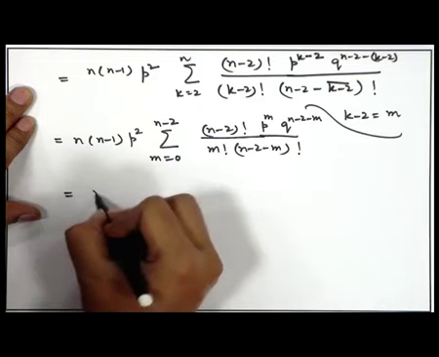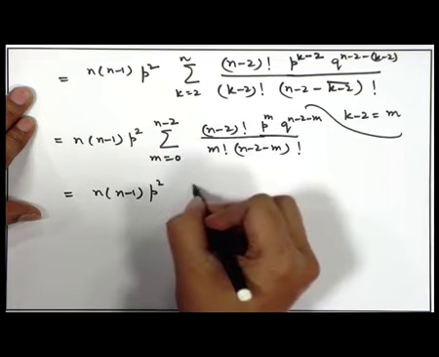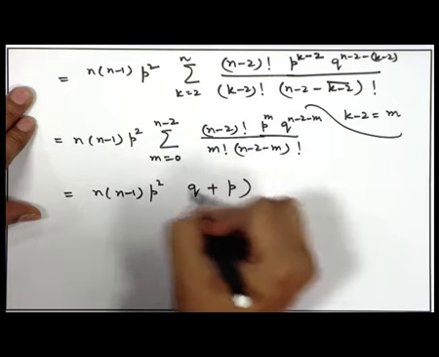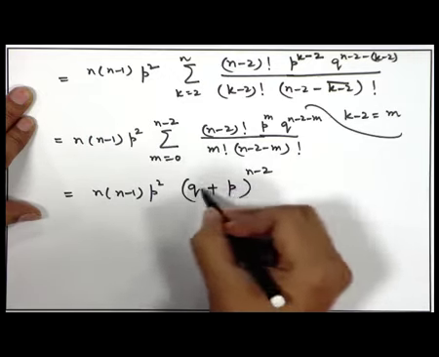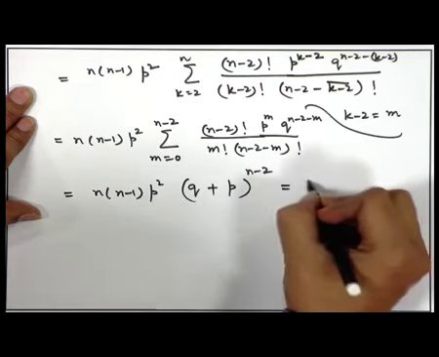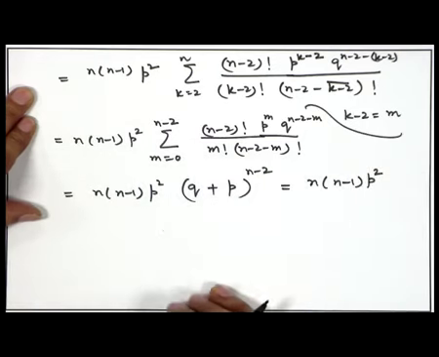So, this is becoming n into n minus 1 into p square, and this is nothing but the expansion of q plus p to the power n minus 2, the binomial expansion. So, this q plus p is 1. So, this becomes n into n minus 1 p square.